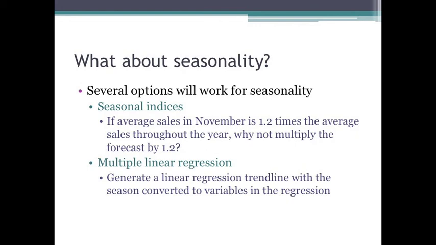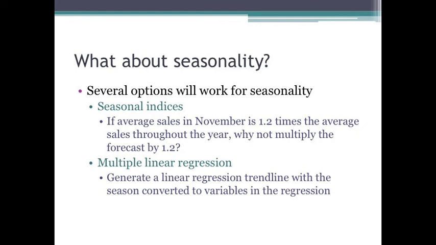Sometimes we can use additive seasonal indices, but in general, multiplicative seasonal indices generally work best. So what we do is we take a trend line, such as what we just came up with, and we multiply it by the seasonal index for that time period.